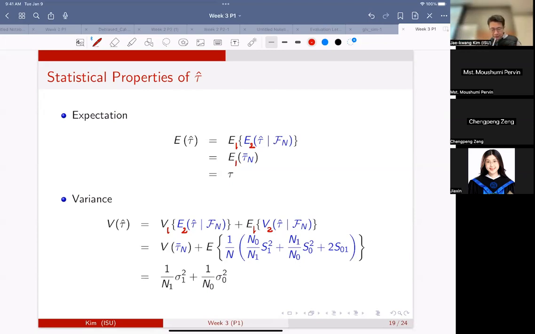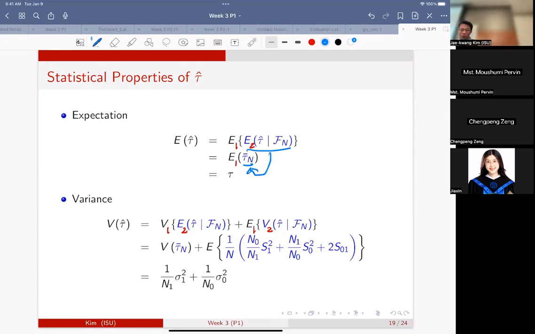Now the conditional expectation, conditional on F, we already covered, right? Remember, I already covered the design-based, randomization expectation and variance already. So we can just use it, right? So this guy, for example, I have already shown this.